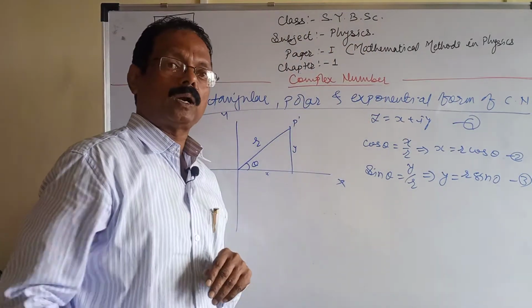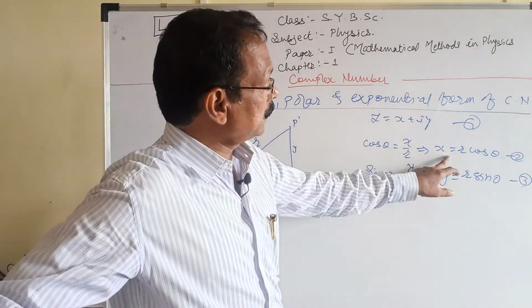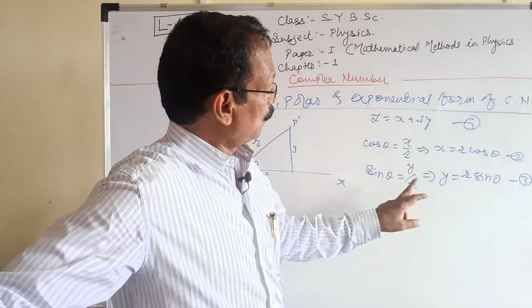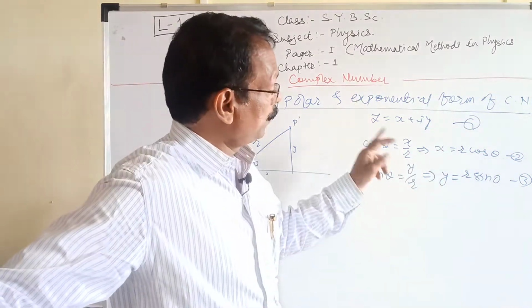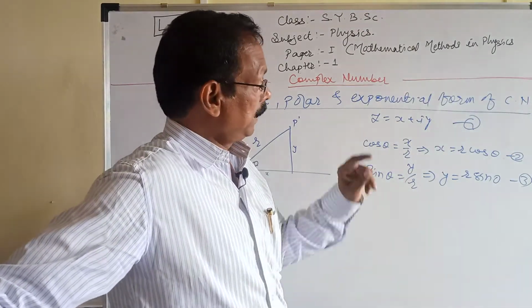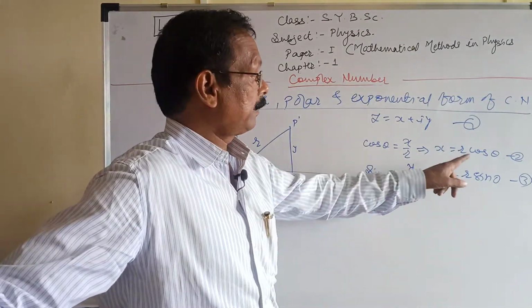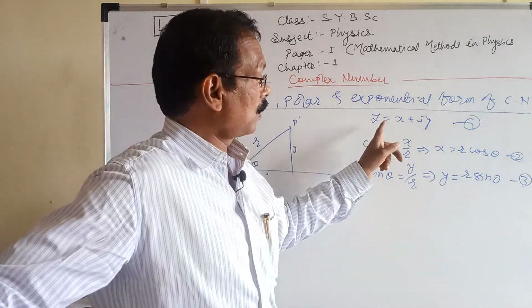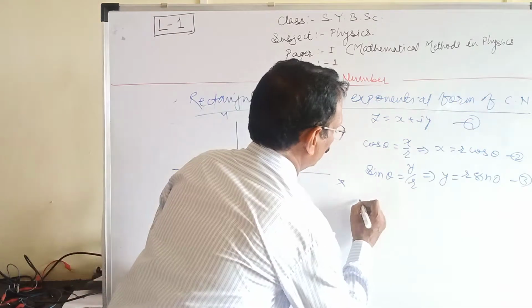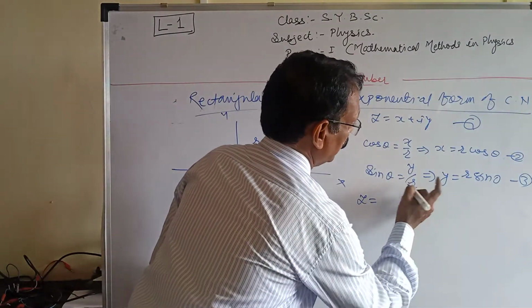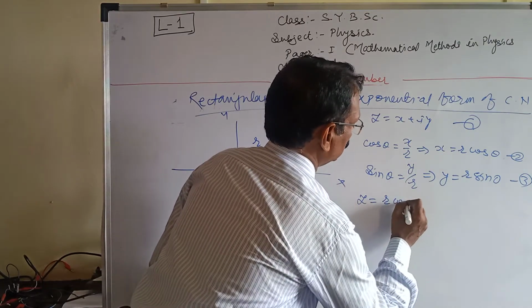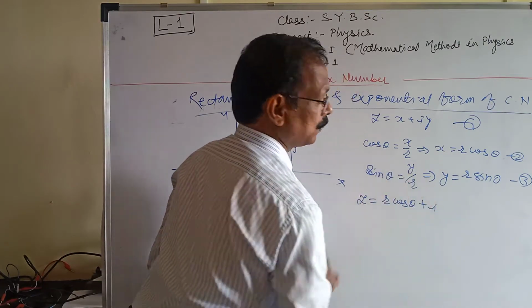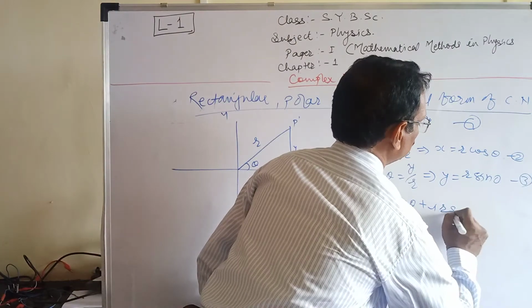So we got x is equal to r into cos theta, y is equal to r into sin theta. Then we have to substitute equations 2 and 3 in equation 1. So the complex number becomes z is equal to x, that is r into cos theta, plus i into y, where y is equal to r into sin theta.